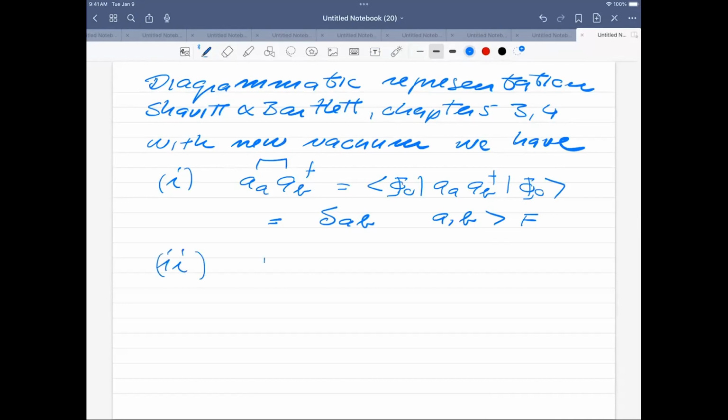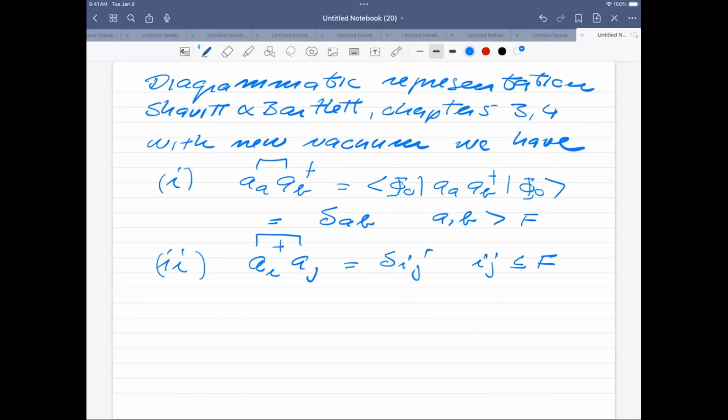And then we have the new one, where we have these subscripts I and J, which represent hole states. So now I have this contraction, which is a delta IJ, and I and J are states which are included in the Fermi vacuum, and phi 0 contains I and J. If I and J are not contained, then this is obviously 0.